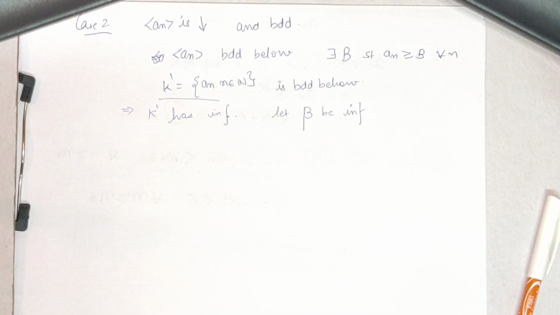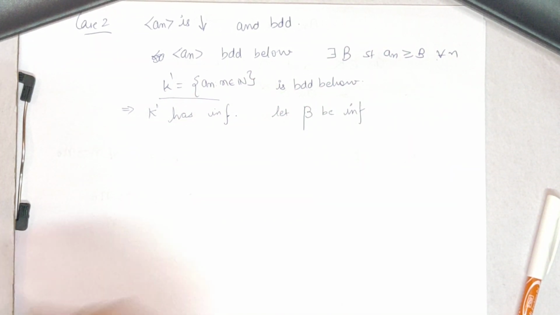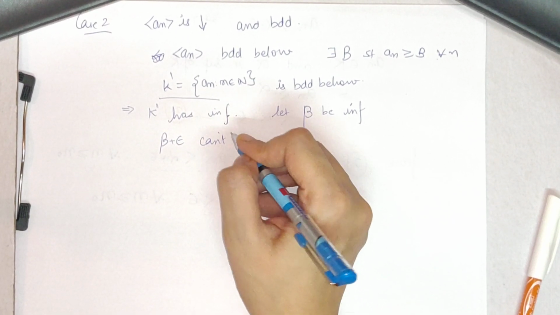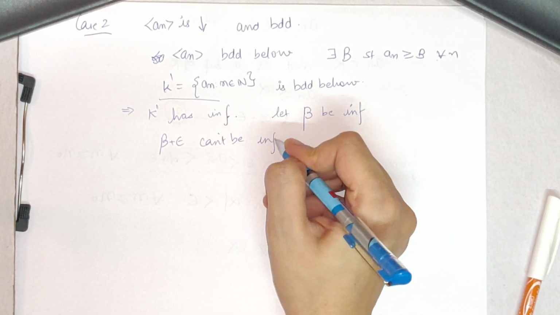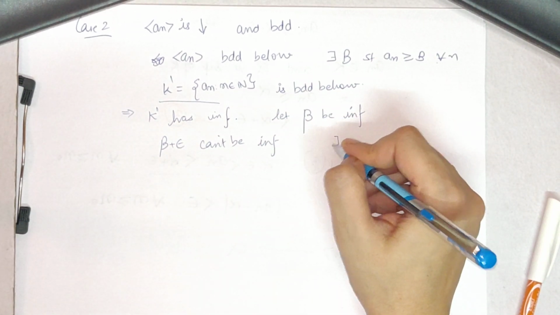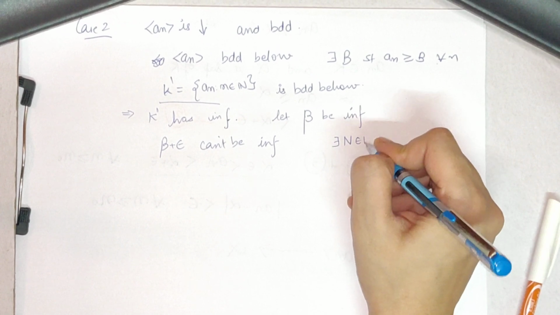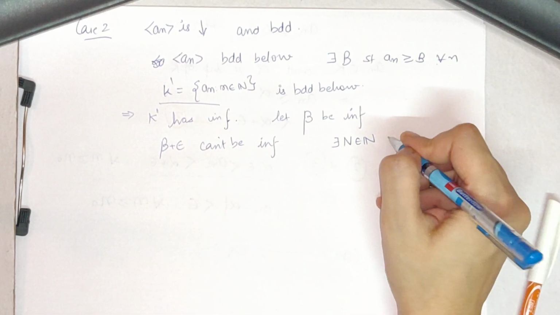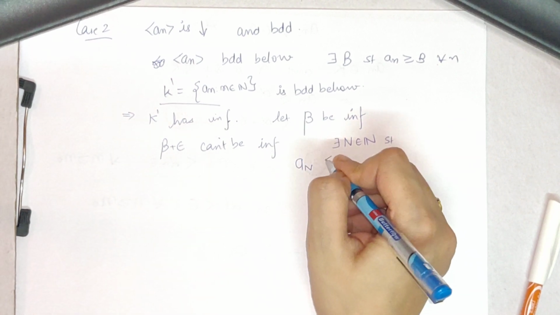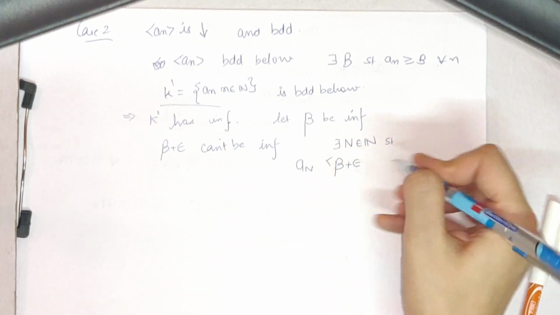Similarly, like we have done in the previous case, beta plus epsilon can't be the infimum. This will give you some element in the set K dash for which an is less than beta plus epsilon.